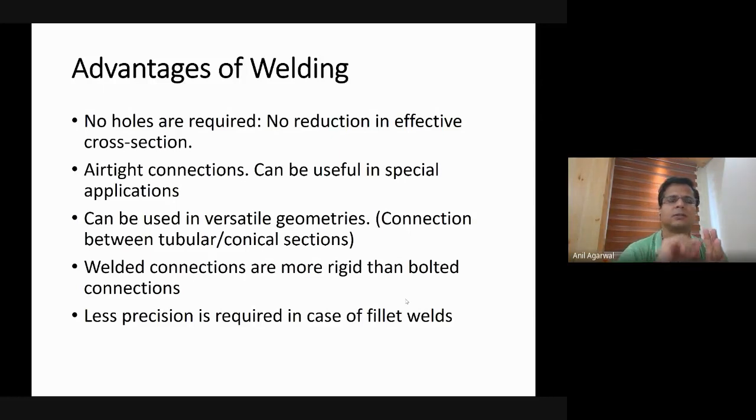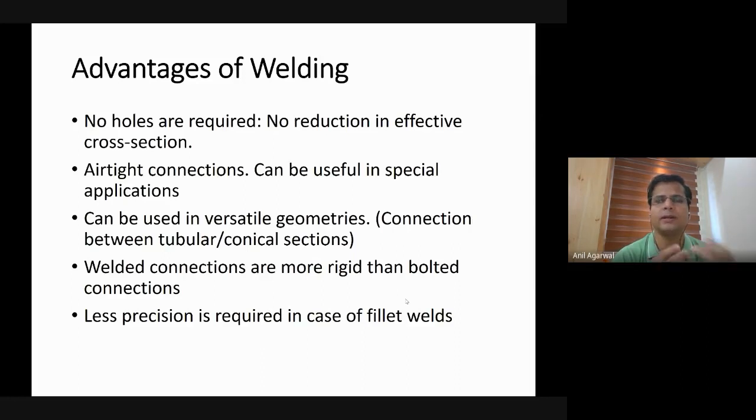In that kind of case, the geometry of the intersection of the two tubes will be quite complex, and providing a bolted connection for that geometry will be extremely time consuming and labor intensive, and you will require a very high level of skill set also. Instead of that, welded connections are very easy, and even that requires a decent amount of machining and skill set, but still it is much easier than bolted connections.